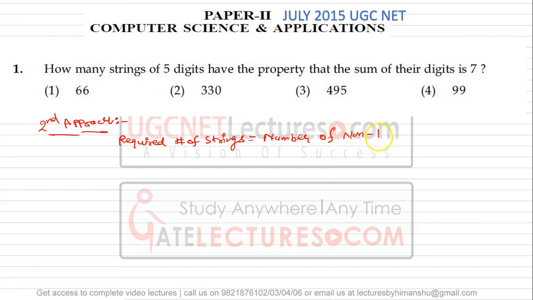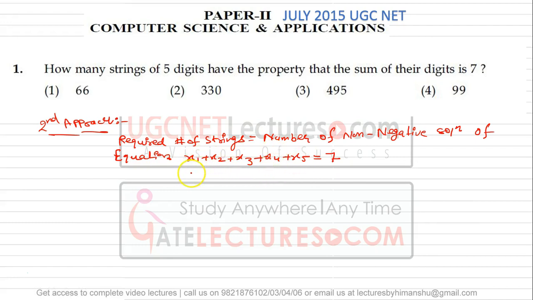non-negative solutions of the equation x1 plus x2 plus x3 plus x4 plus x5 equals 7. What does it mean? x1, x2, x3, x4, x5 are your digits.